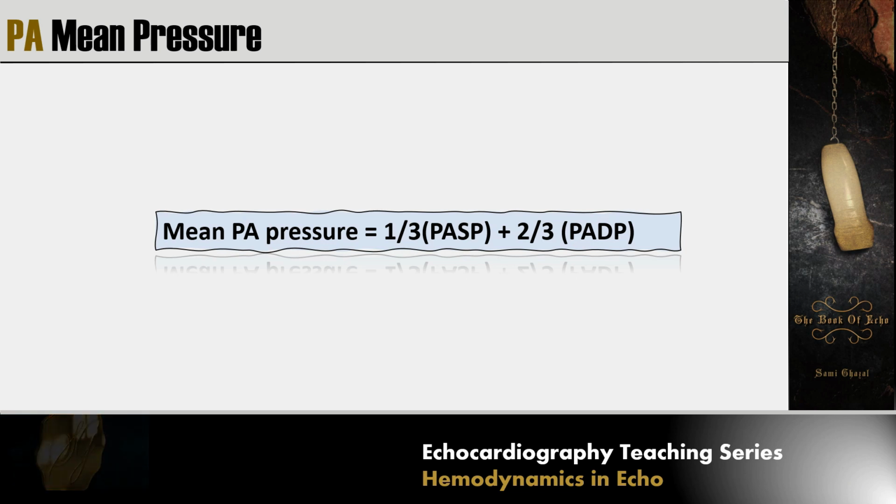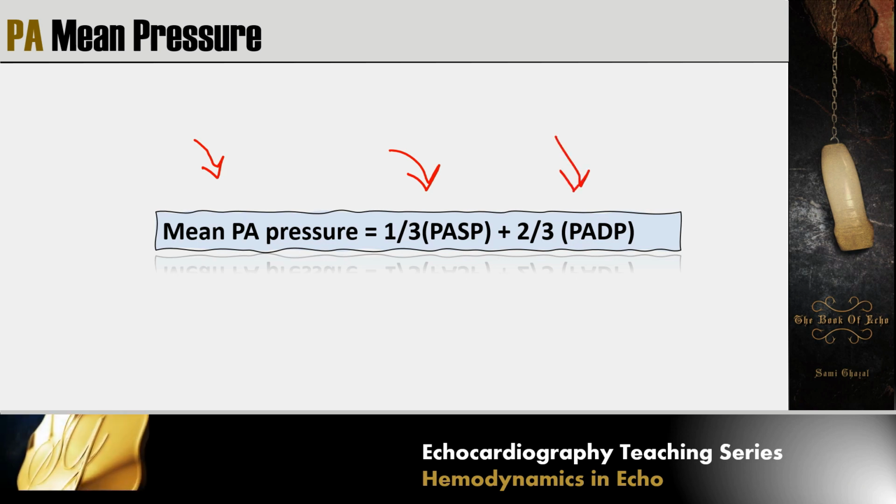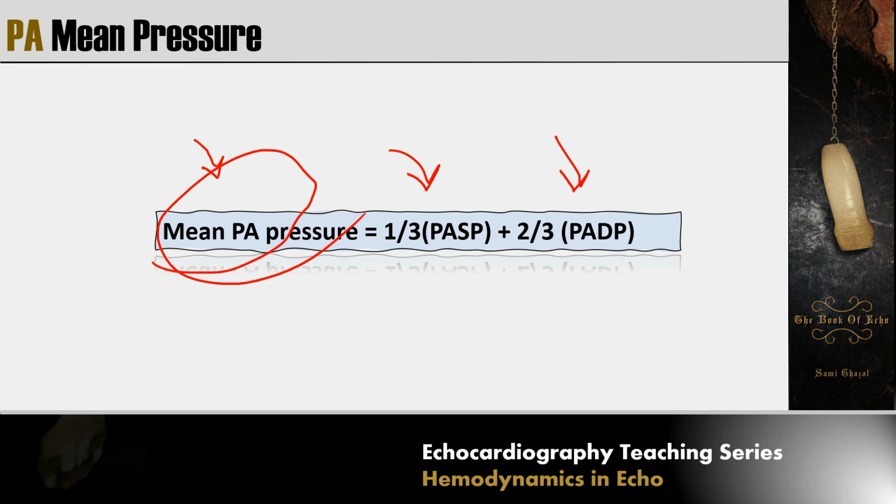And here comes the utility. Now we can use it to estimate the mean pulmonary artery pressure by utilizing this mean formula, because since the diastolic phase constitutes 2/3 of the cardiac cycle while 1/3 is during systole, the following equation can be utilized. Now the mean pressure will equal 1/3 of pulmonary artery systolic pressure plus 2/3 of the pulmonary artery diastolic pressure, and we get the mean pressure.